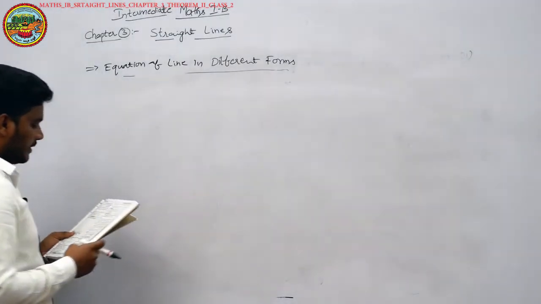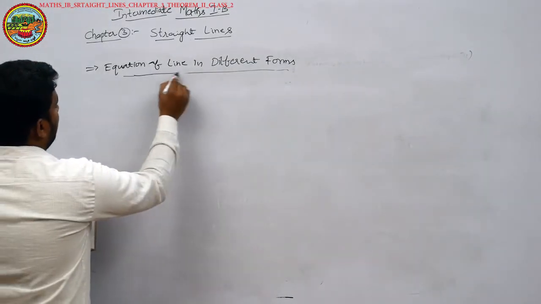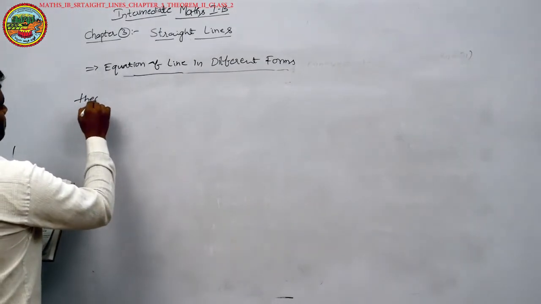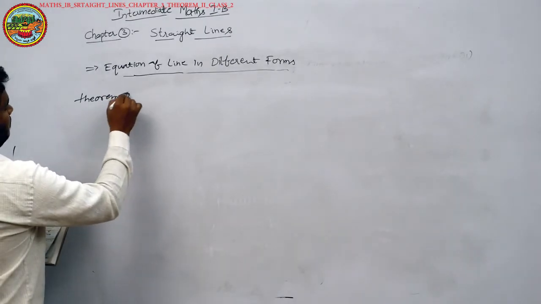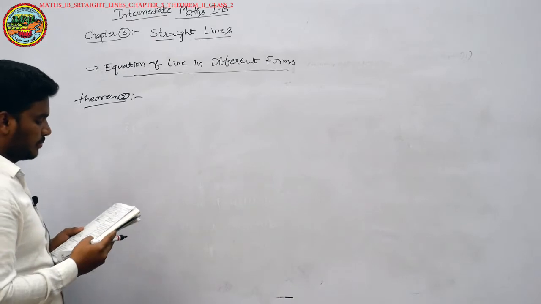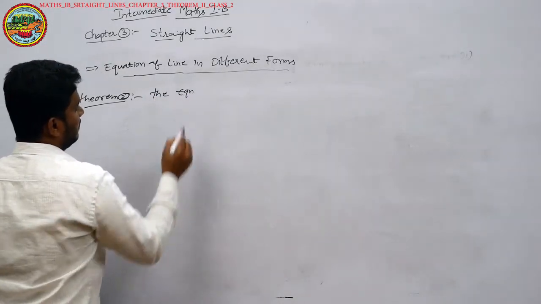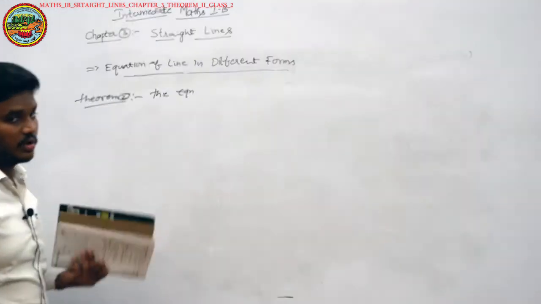So next, another form of the equation of the line. Theorem number 2: the equation of the vertical line passing through the point. Previously we discussed the equation of the horizontal line.